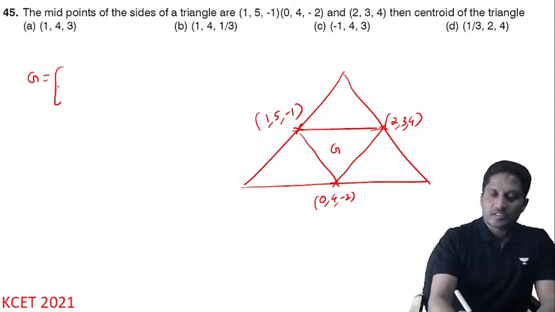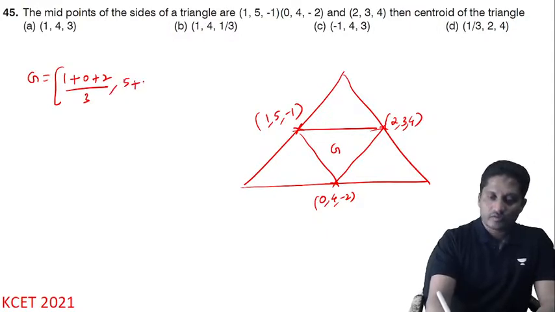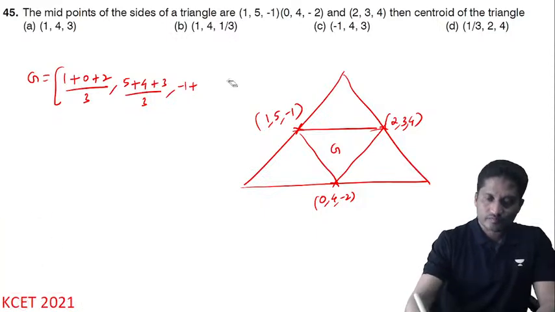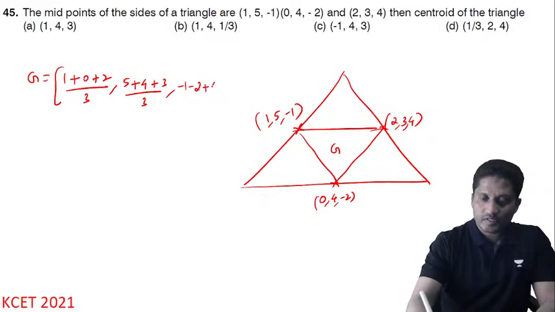So centroid G is equal to x1 plus x2 plus x3 by 3, comma y1 plus y2 plus y3 by 3, comma z1 plus z2 plus z3 by 3.